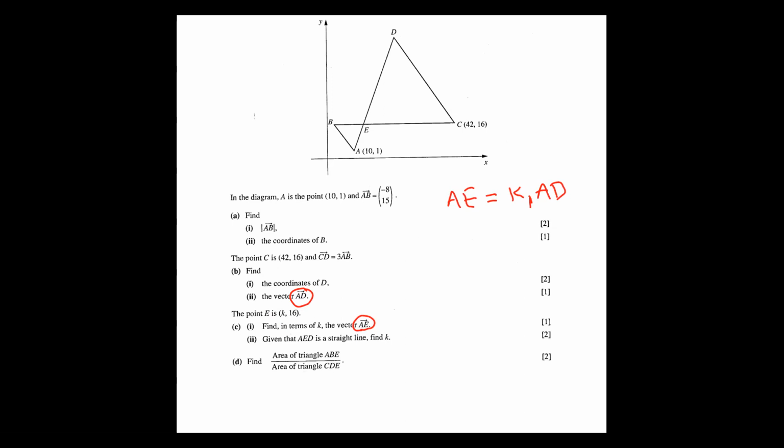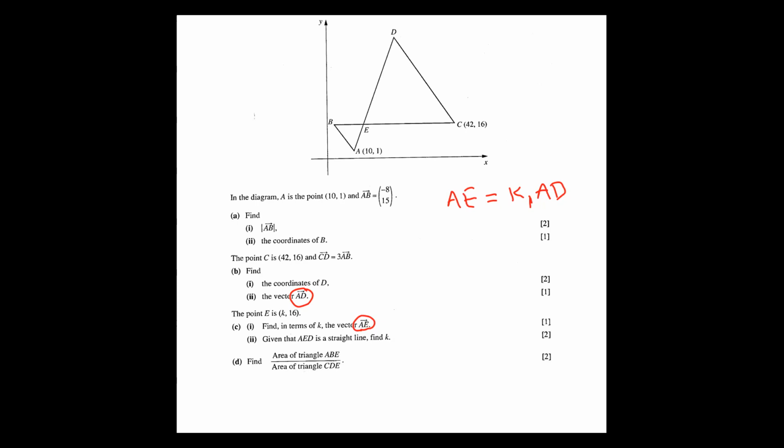AE is K, what? AD तो आपने बताया 860, मुझे AE नहीं समझ आया.